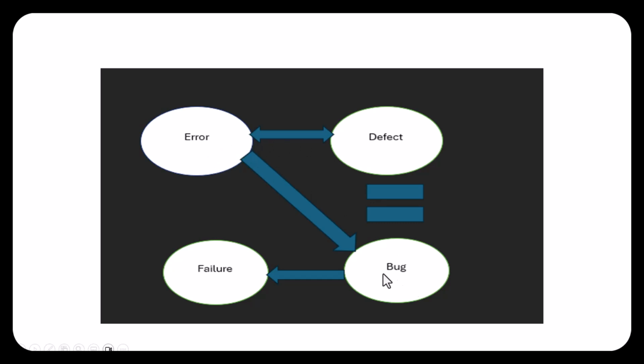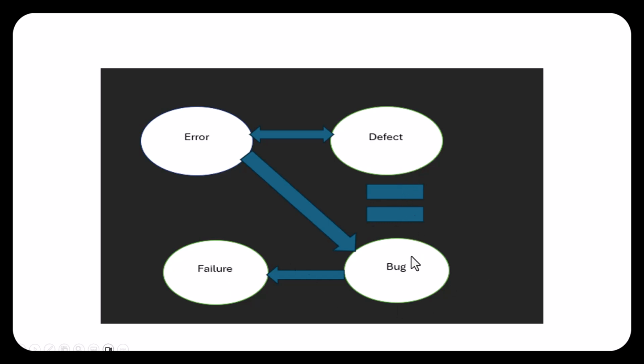From error, it leads to a bug. From defect also, it leads to a bug. As I said, if a tester raises a defect or error and it is accepted by the development team, they will call it a bug. After that, from bug it goes to failure.